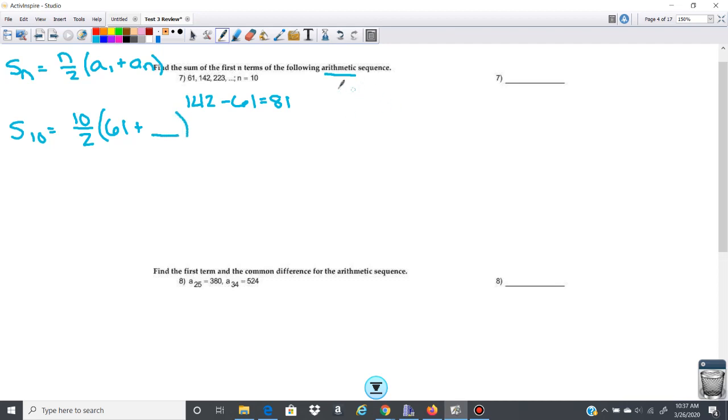The formula for an arithmetic sequence is a sub n equals a sub 1 plus n minus 1 times the common difference. To find the 10th term, I'm going to plug in my first term, 61, plus 10 minus 1 times our common difference, which we found was 81.